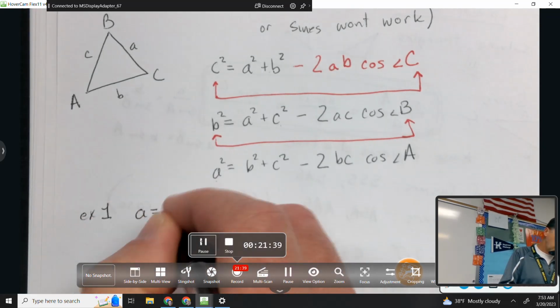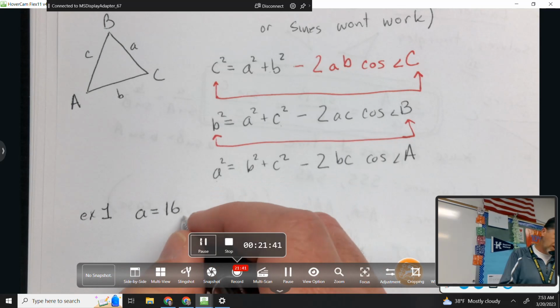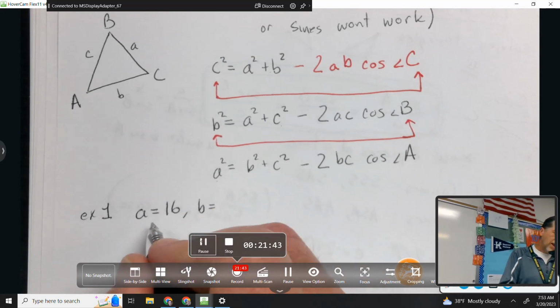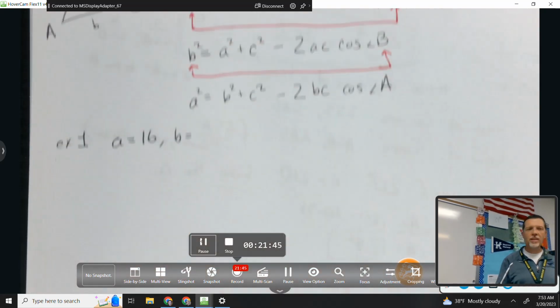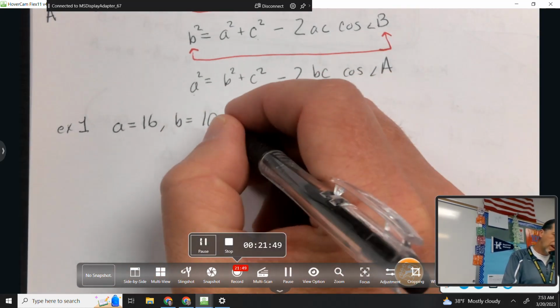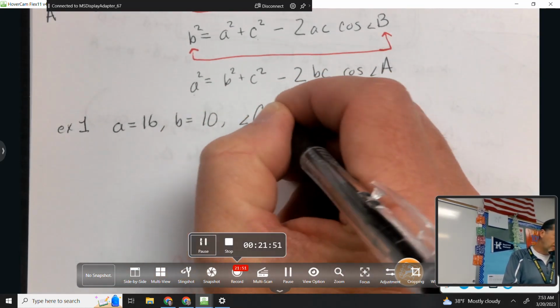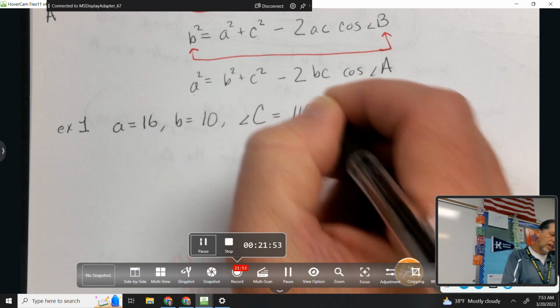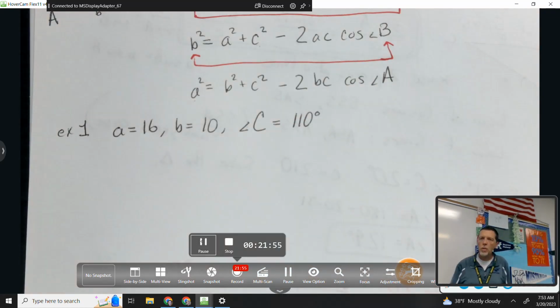All right, example 1. a is 16, or side a is 16 because it's lowercase. Side b, lowercase b, is 10. And angle uppercase C is 110 degrees. Let's draw a picture.